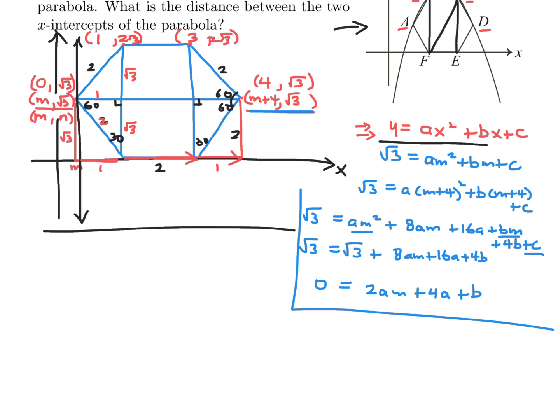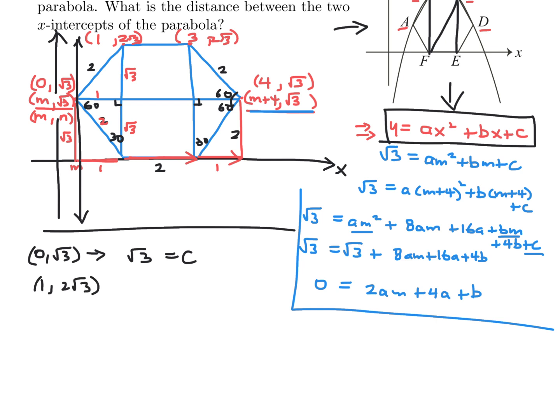So again, let's take this equation and plug in these points. When you have 0 root 3, x is 0, so that's just going to be c. We're putting them into this equation right here. For 1 and 2 root 3, we've got 2 root 3 is a plus b plus c.